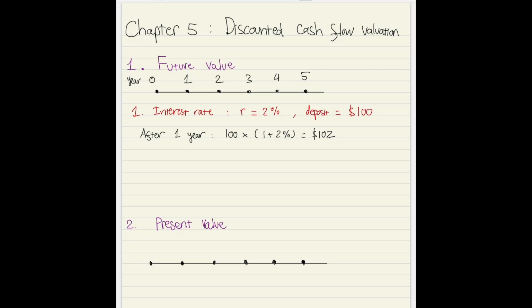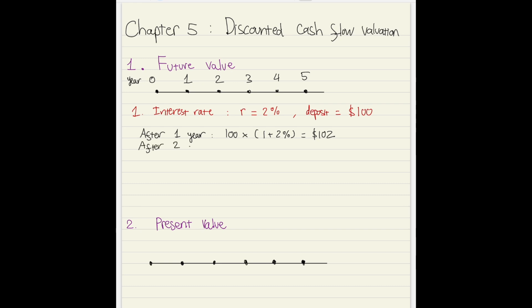So we have just found out that after 1 year, the amount of money you make is $2, adding up to a total of $102. If you keep putting this amount of money in the bank with the same interest rate, 2%, after 2 years, starting from year 0, how much are you going to make? Clearly, we just apply the same formula.